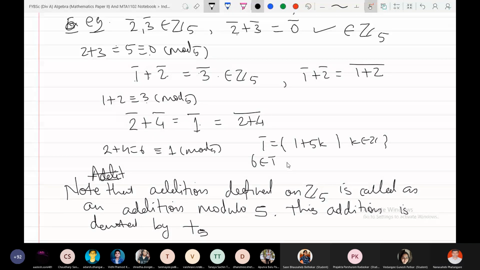Yes, sir. And therefore class of 6 is the same as class of 1, because no matter what representative you select, here I am choosing 1 as a representative, I am denoting the class by 1 bar. I am identifying the class by the representative. But if 6 is a member of the class, I can say 6 is also a representative. Right, so it doesn't matter which representative you select, the class is the same.